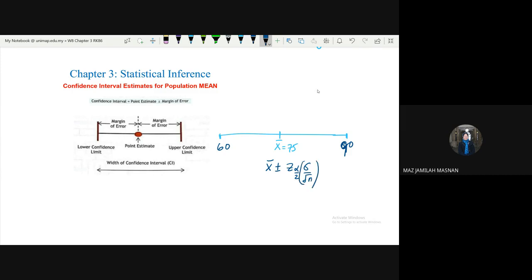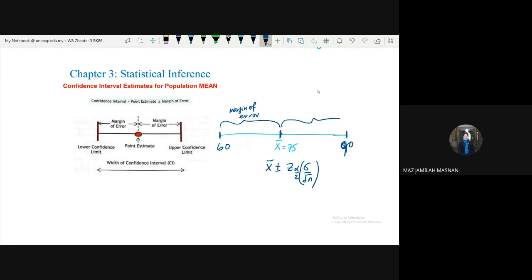Now, this particular range from the point estimate to the lower confidence limit is what we call the margin of error. The same goes for the point estimate to the upper confidence limit.